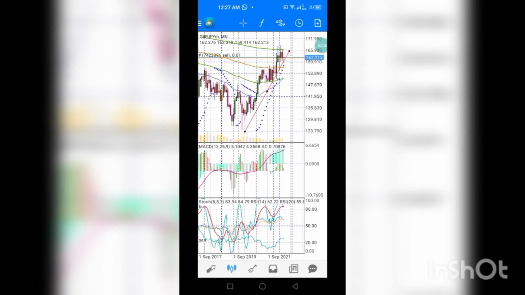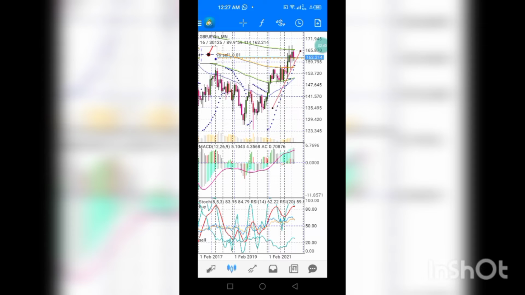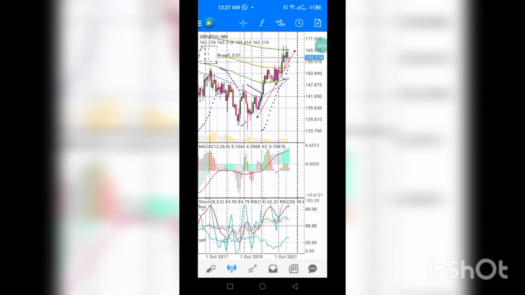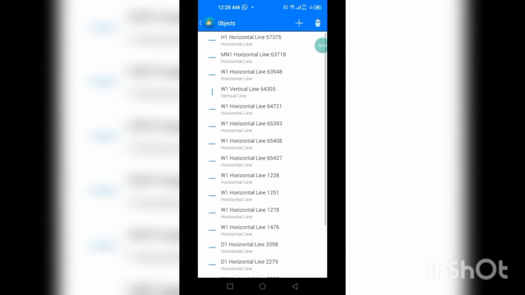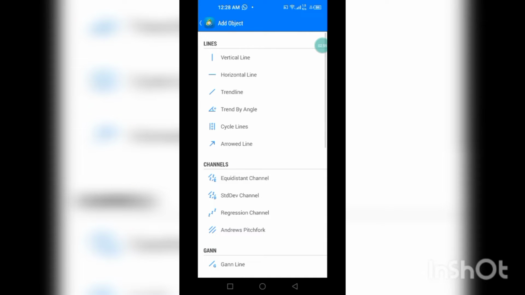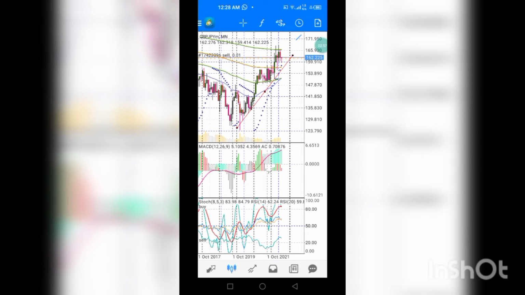Always make sure to draw a trend line to meet the current market price. So basically guys, a trend line shows you the direction of the market.